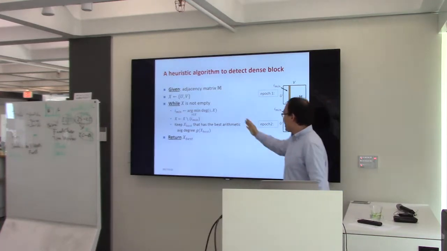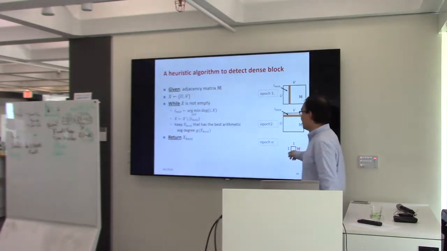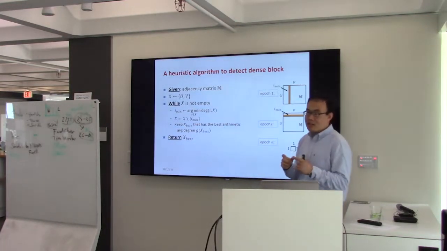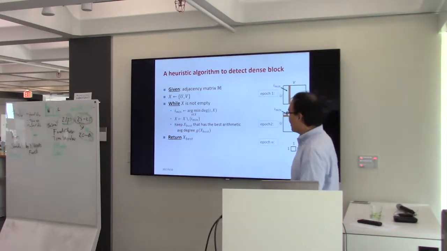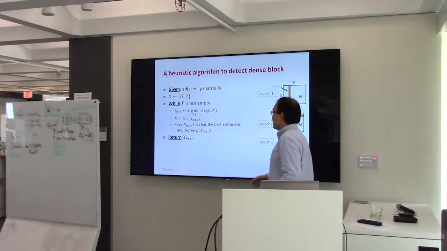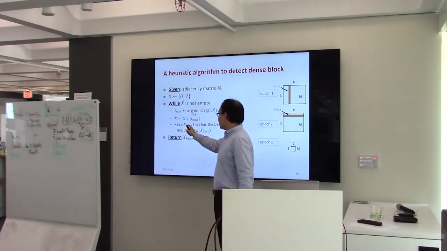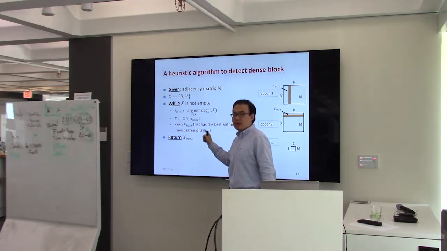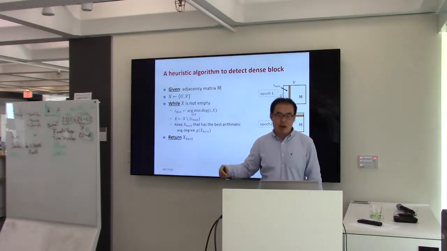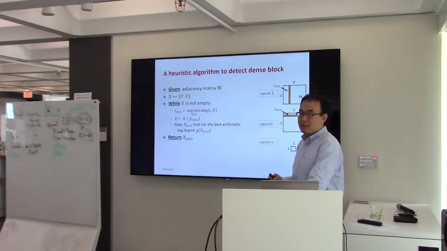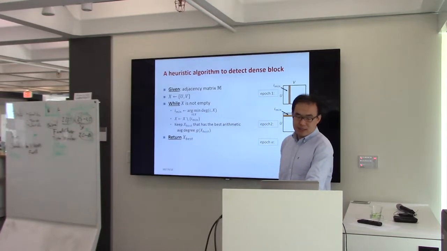We just iterate this algorithm, and finally we will be left with a one-by-one small matrix and stop the algorithm. During this process, we just keep the set X which has the best average degree. Then the algorithm returns X best as the dense block.